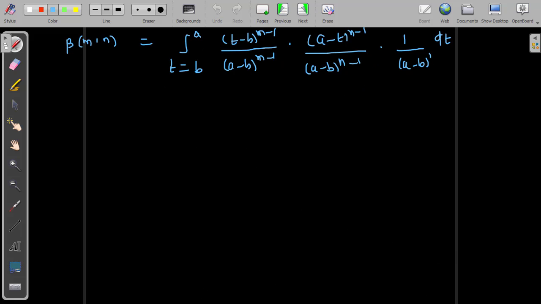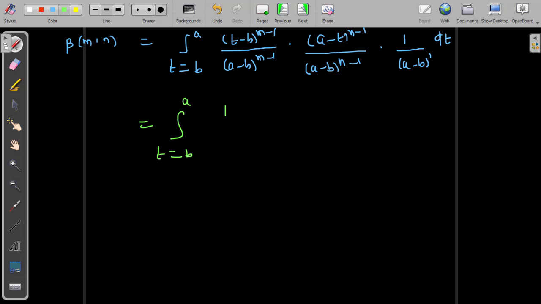Okay. After that, simplification, if you look at the denominator. So a minus b, a minus b, a minus b. Bases are same, add powers. So when you add powers, m minus 1 plus n minus 1, again plus 1. Plus 1 minus 1 cancel out. m plus n minus 1 will be the leftover part. So the next step will be, this is equal to integral t from b to a.